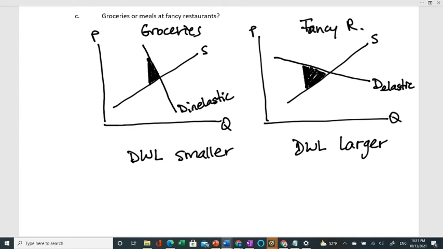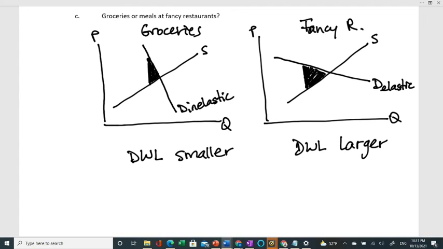So, which market should the government tax? Groceries or fancy restaurants? It looks like the deadweight loss is smaller for groceries, but who goes to the groceries? Those are the people, lower income people, those people with less resources.